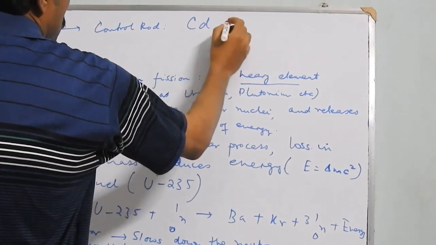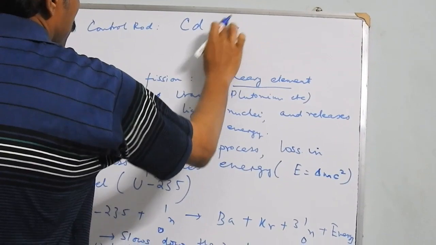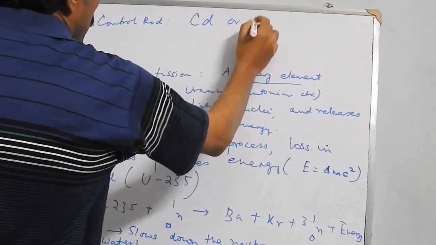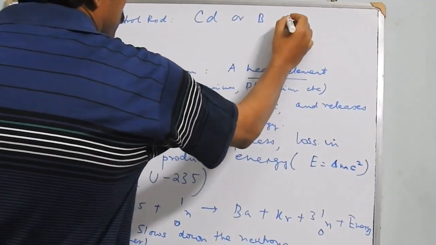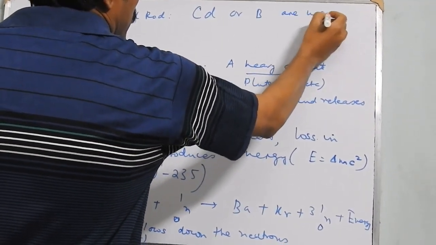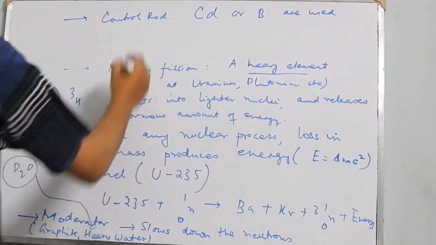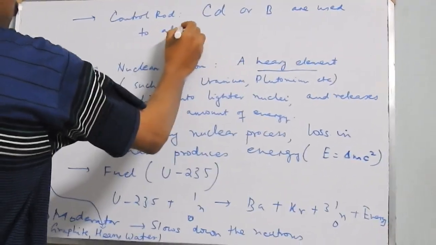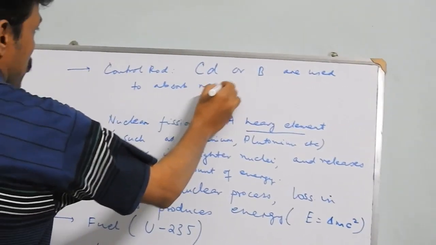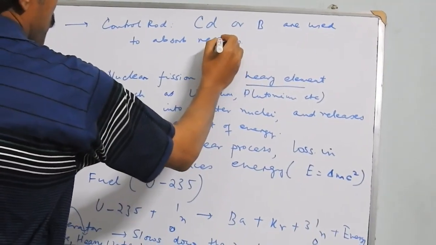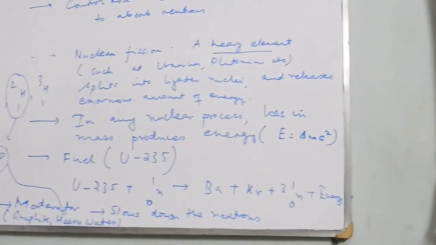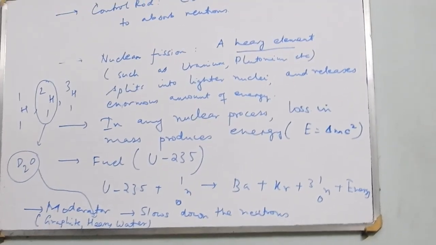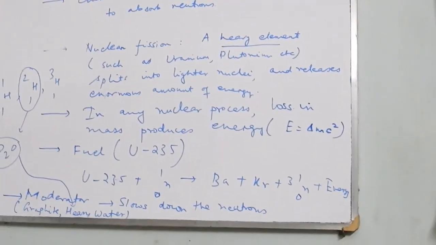Cadmium or boron are used as control rods, and they are used to absorb the excess neutrons that are produced in every stage of the chain reaction. So this is a brief overview of the nuclear reactor.